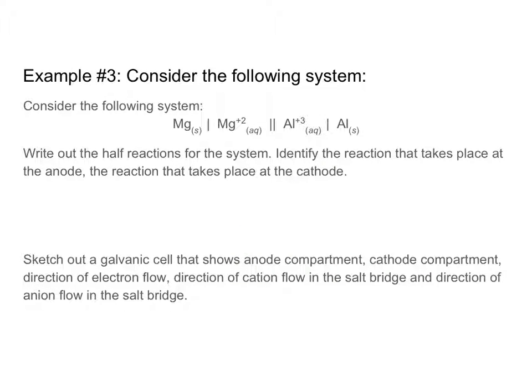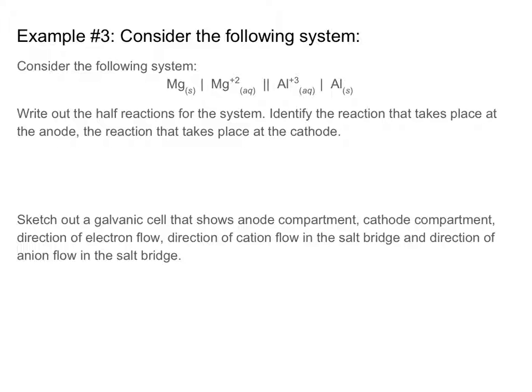So at some point, you're going to have to draw one of these. We're going to work through that in a minute here. But the very first half of this that you're supposed to do is go ahead and write the half reactions for the following system. In this case, I know that the magnesium side is my anode side because that's the notation.